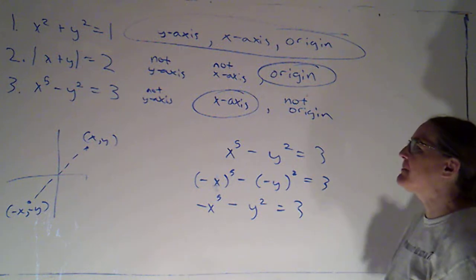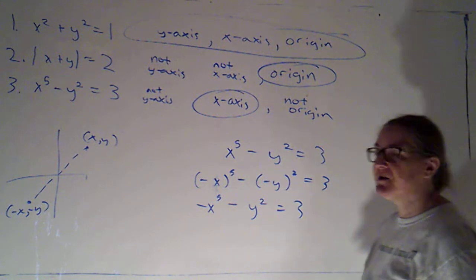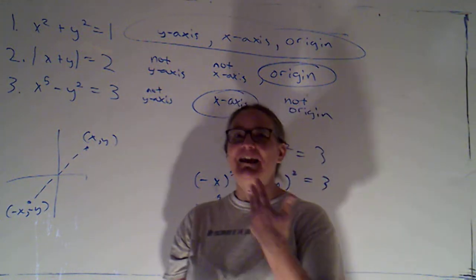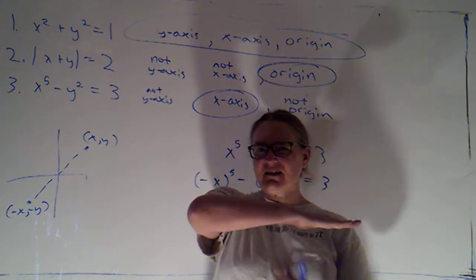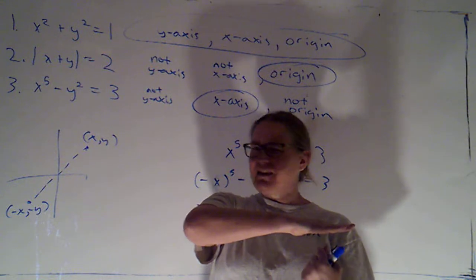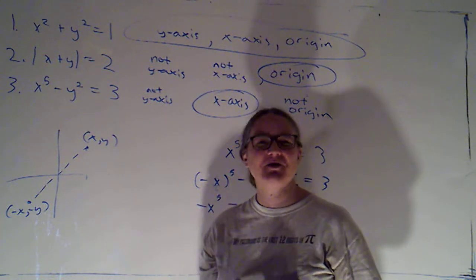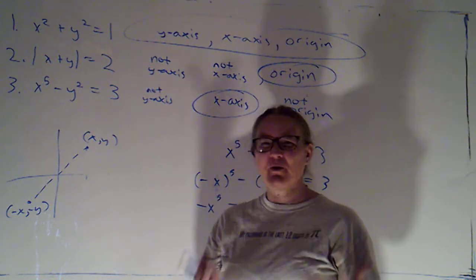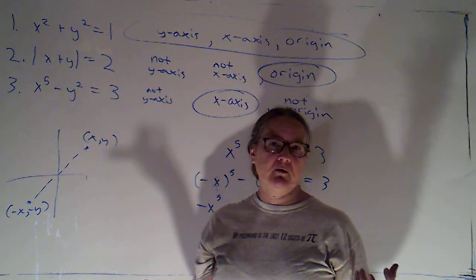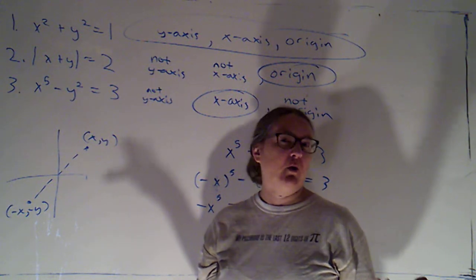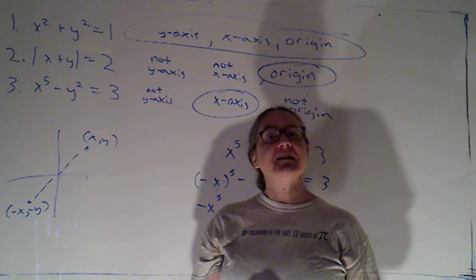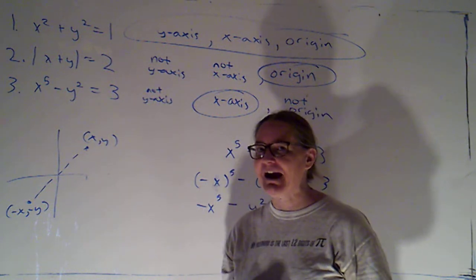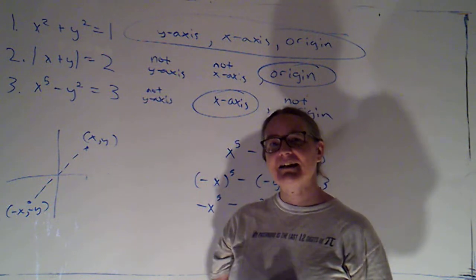And since we'll be talking about functions, we're going to be concerned about symmetry about the y-axis and the origin, but not so much about the x-axis, because as we've discussed, if it's a function, the only sorts of functions that can have symmetry about the x-axis would be functions that are always 0. And those are a little bit boring. So we're going to look at just the 2 types of symmetry that a non-zero function could have, and that's symmetry about the y-axis and the origin.